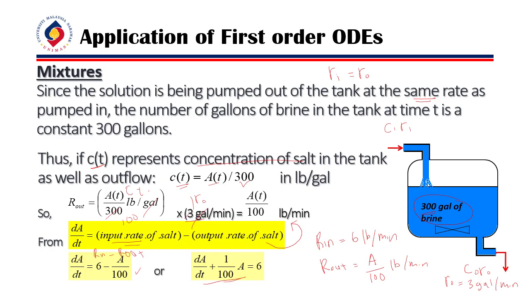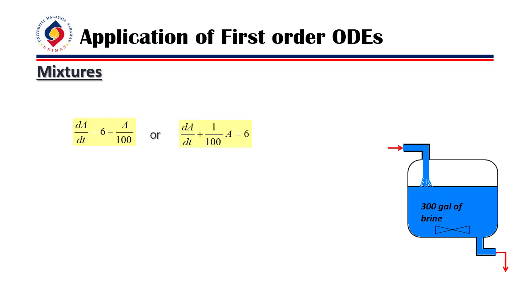We go to the next slide. This is the differential equation that we have derived from this kind of problem, the mixing problem. From this equation, you can solve it if the question gives you a time.